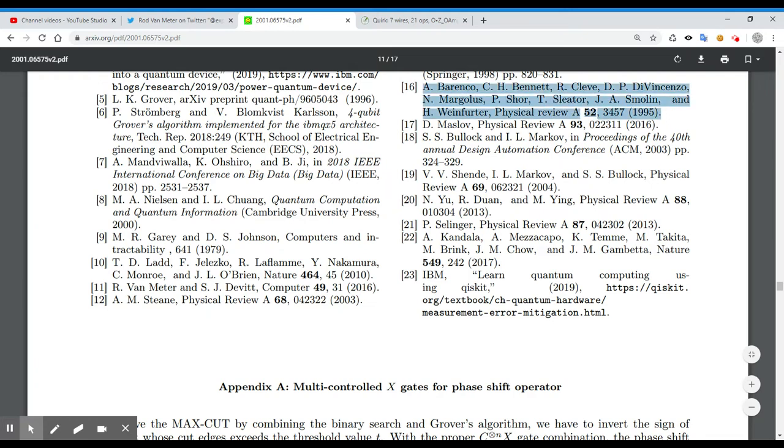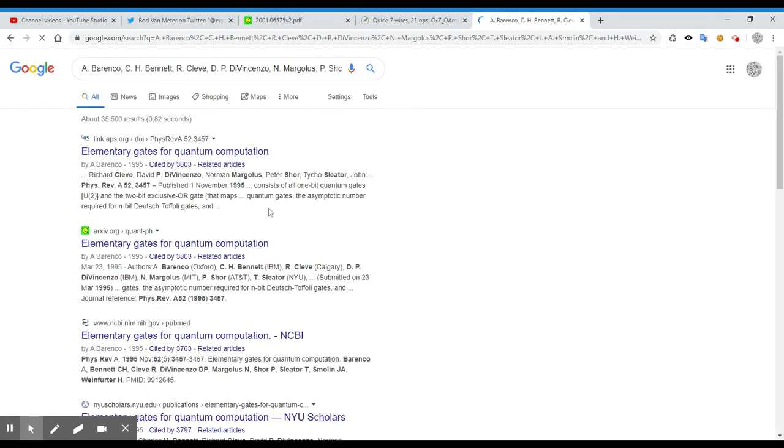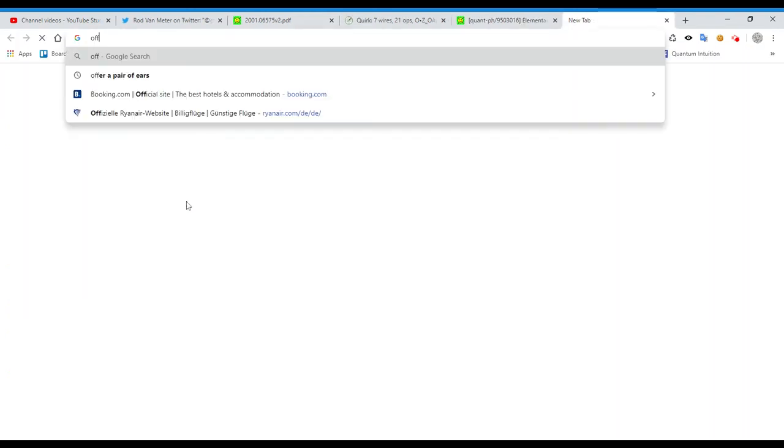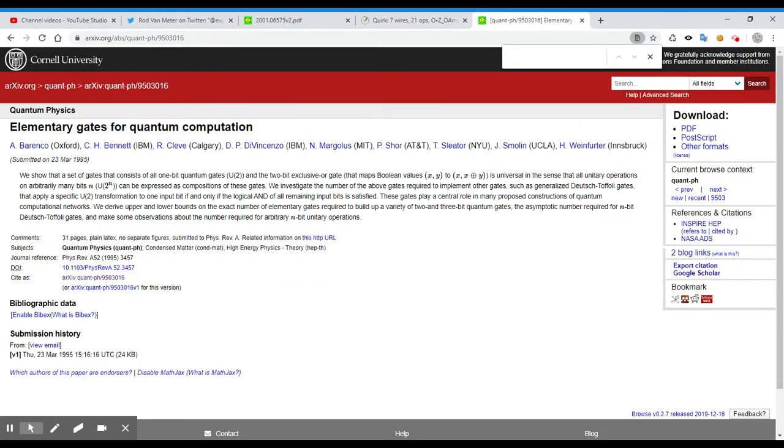I'll go back to this quickly. I just wanna cross-check what those papers are about. I'm not sure about this reference. Deutsch Toffoli gates.